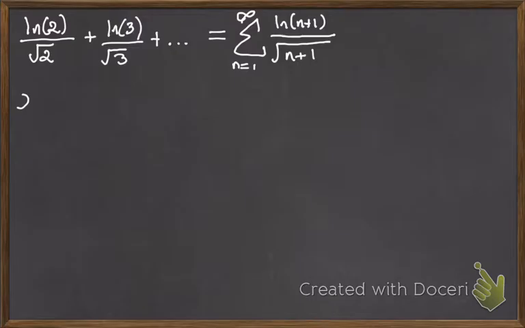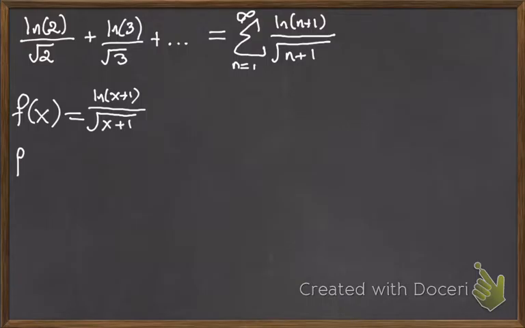So we're going to take a look at its corresponding function, which will be ln of x plus 1 over the square root of x plus 1. And this function is going to be positive as long as x plus 1 is greater than 1, so that's certainly fine if we're doing this from 1 to infinity to meet the conditions for the integral test.